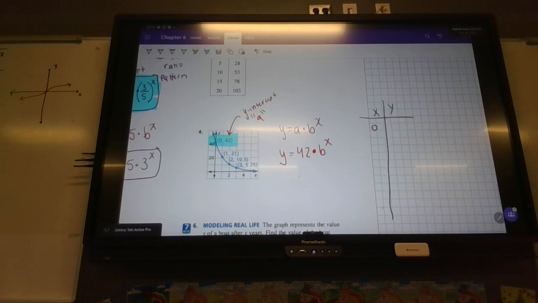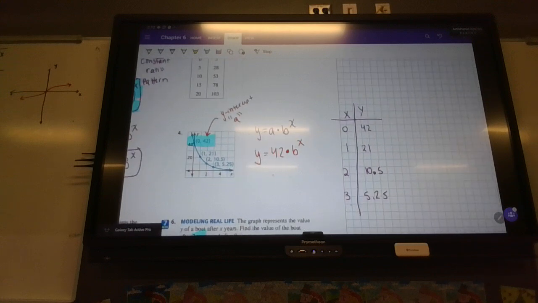So I'm gonna, well, you have to write the equation. So here I go with step 1 and 2, making the table. I know whatever is the y-intercept goes in the a spot, so that's a done deal. I have to figure out the pattern.